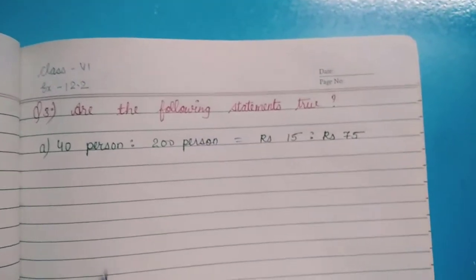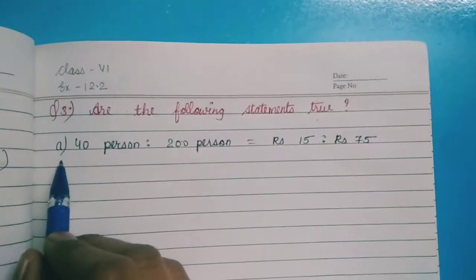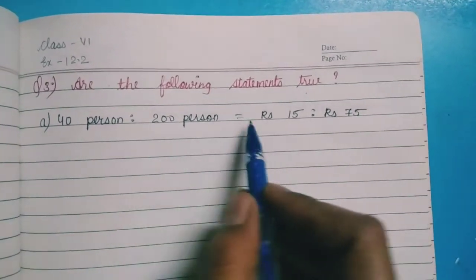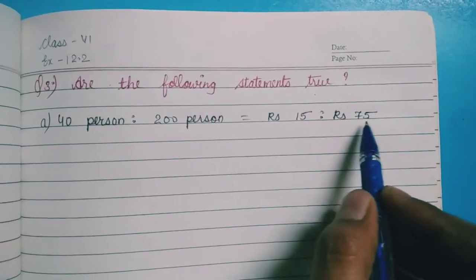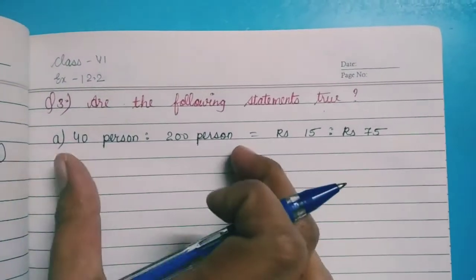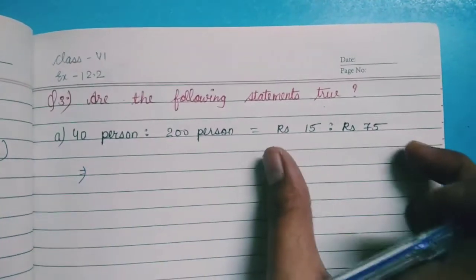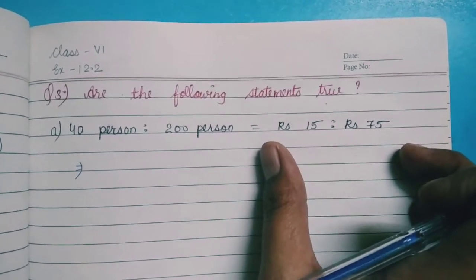Question number 3 is, are the following statements true? The first one is 40% ratio 200% is equal to rupees 15 ratio rupees 75. In this statement, you can see on the left hand side we have two values in a ratio, and on the right hand side also we have two values in a ratio.